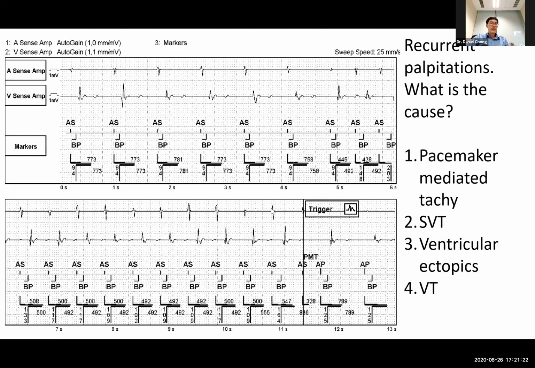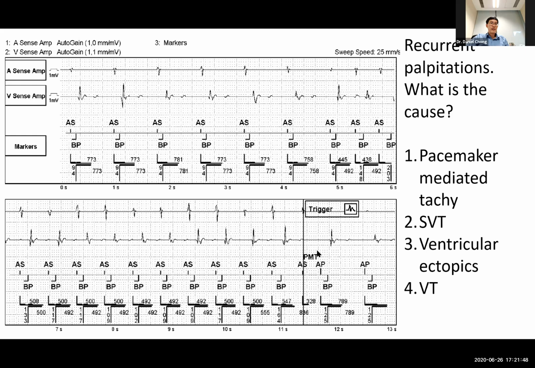So in this case, you can see that the PMT algorithm is triggered, and there's no BiV pace for this particular atrial sense beat, partially hidden within the word trigger over here. And when this happened, the atrial rate went back down to normal.